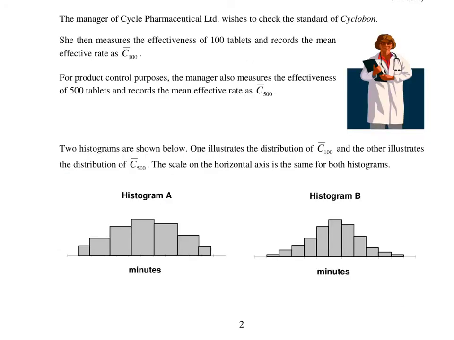Now, since we're talking about the behavior of the mean, according to the central limit theorem, this will be the right histogram because it has less variability, and it is approximately normal.